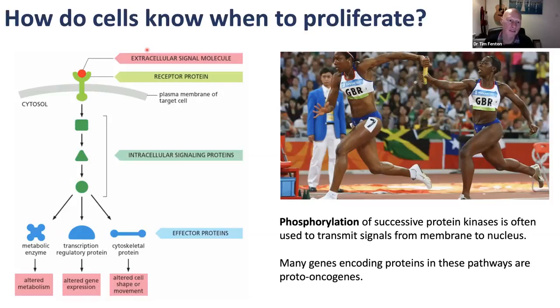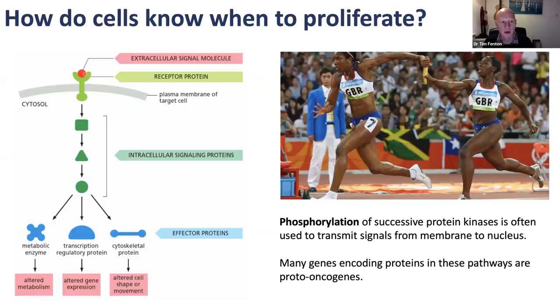So cells at certain points will receive signals telling them that they need to divide and proliferate and grow the tissue. Typically, these signal molecules, as indicated here in this red circle, can't get straight into the cell, they can't cross the cell membrane.